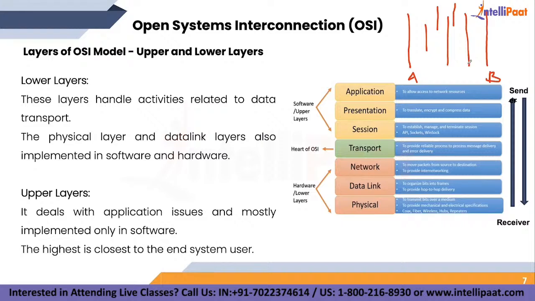Passing through these hops is what the network layer does, especially internetworking. Connecting them with hop-to-hop delivery is the job of the data link layer, and connecting them using a specific kind of protocol and methodology, could be coaxial, wireless, hubs and repeaters, is the work of the physical layer. So this is what the lower layers comprise.